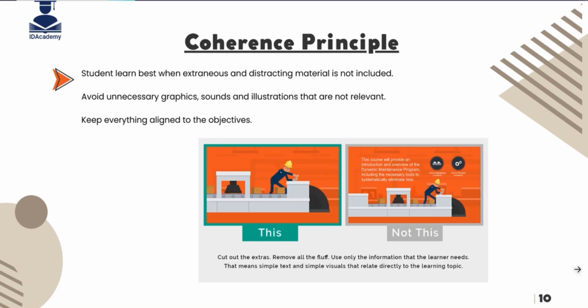Coherence principle. This principle states that students learn best when extraneous and distracting materials are not included in the learning videos. We have to avoid unnecessary graphics, unnecessary sounds, as well as unnecessary illustrations that are not relevant to the learning objectives.